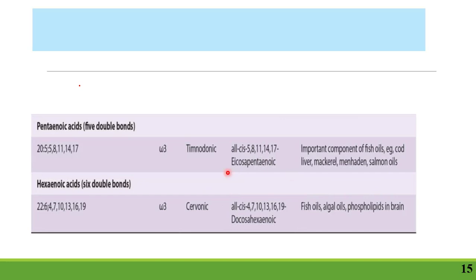And finally, the other members of the omega-3 family are eicosapentaenoic acid and docosahexaenoic acid, which are in fish oil. For this reason, fish oil is so useful in our body, because it's enriched in omega-3.